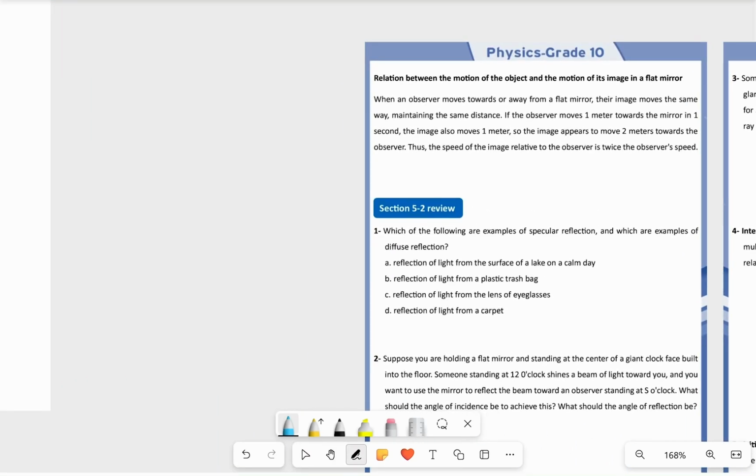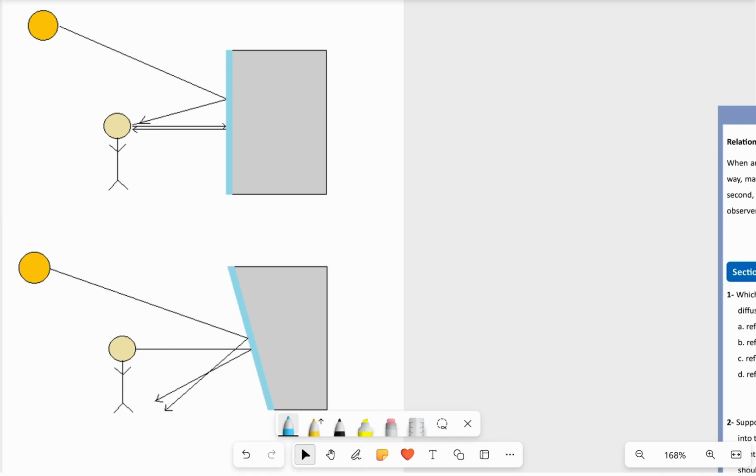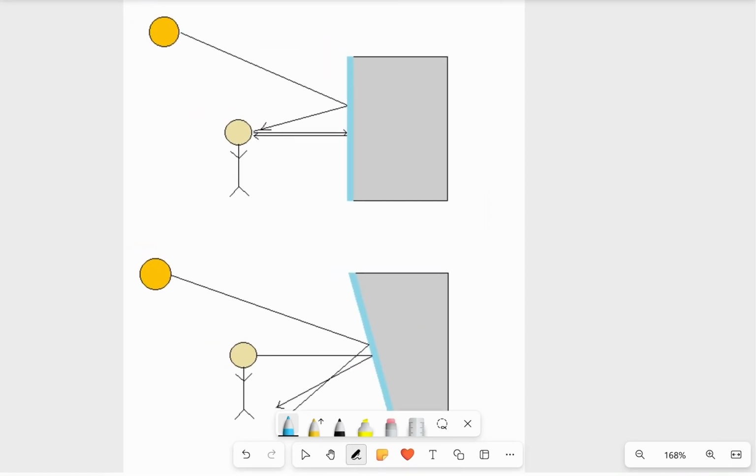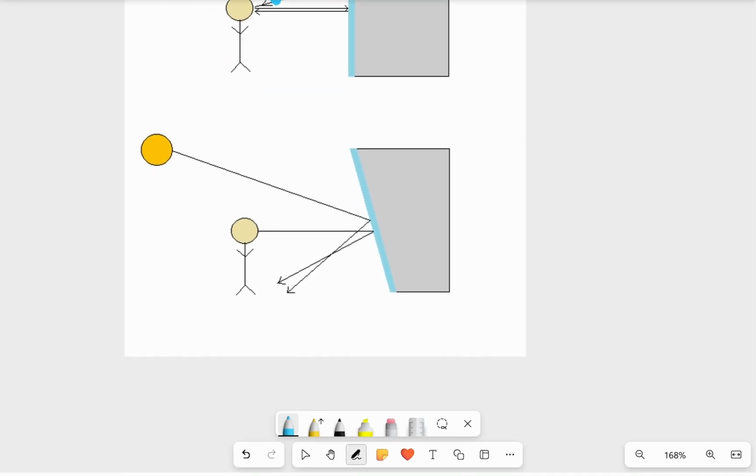The windows are slanted or inclined a little bit, because if it's not slanted and it's straight, the light is going to hit directly the eyes of the customers. But if it's a little bit inclined and slanted, it's not going to hit the eyes of the customers. That is the reason.